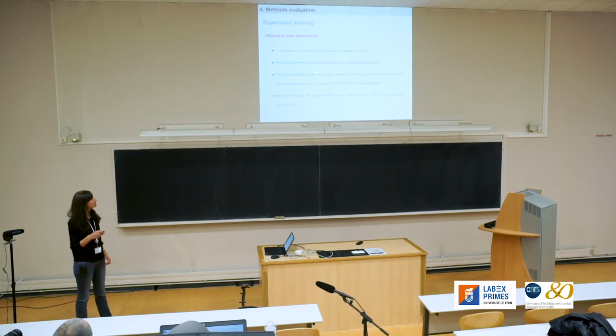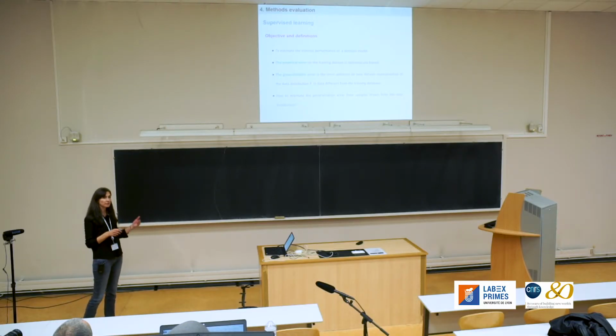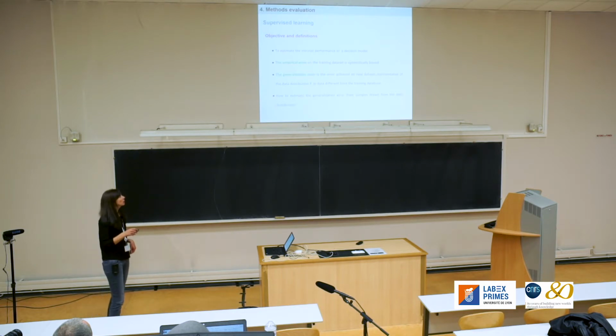I said, if you have only a restricted number of samples, you can estimate what we call the empirical error on the training data set. And if you do that, you can always train your model to get a training error that will be close to 0. And that means you will overfit your data.